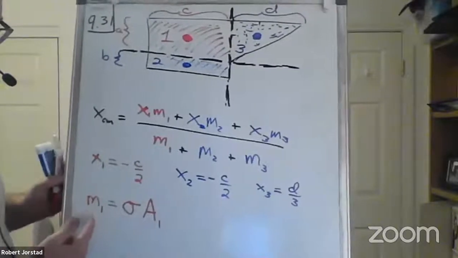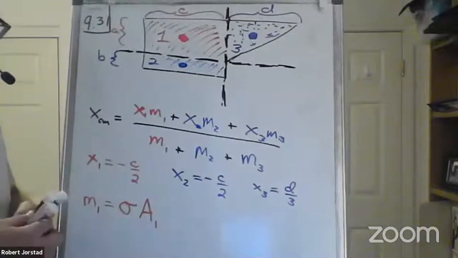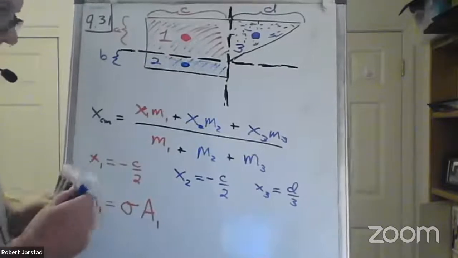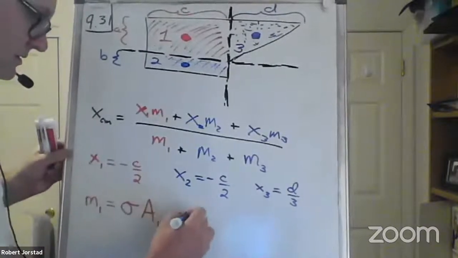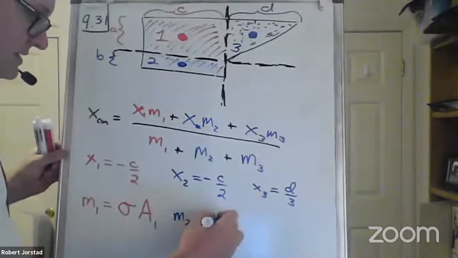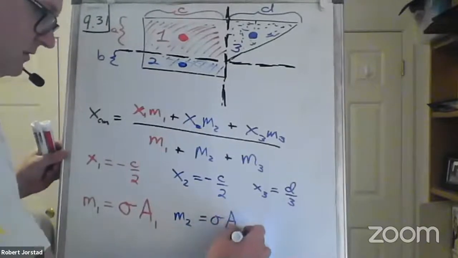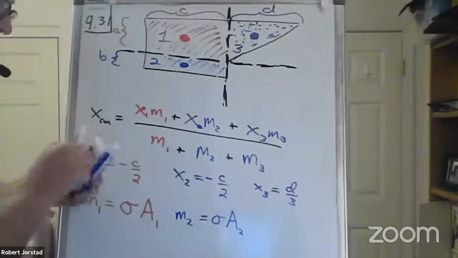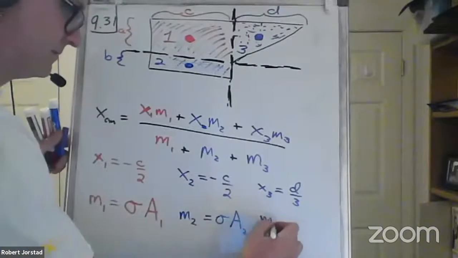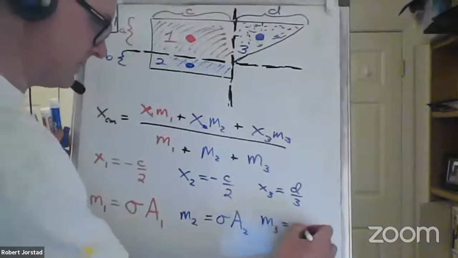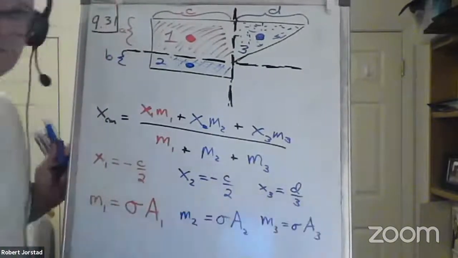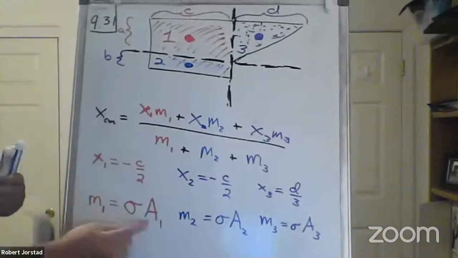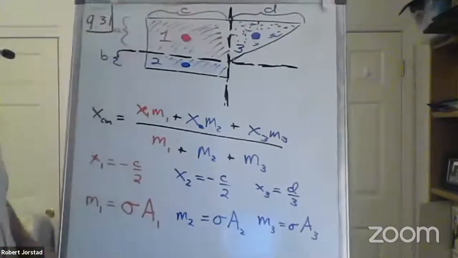So this is mass 1, sigma times area 1. All right, great. So now what about mass 2? That would be sigma times area 2. And mass 3 similarly would equal sigma times area 3. Area 1 would be AC.